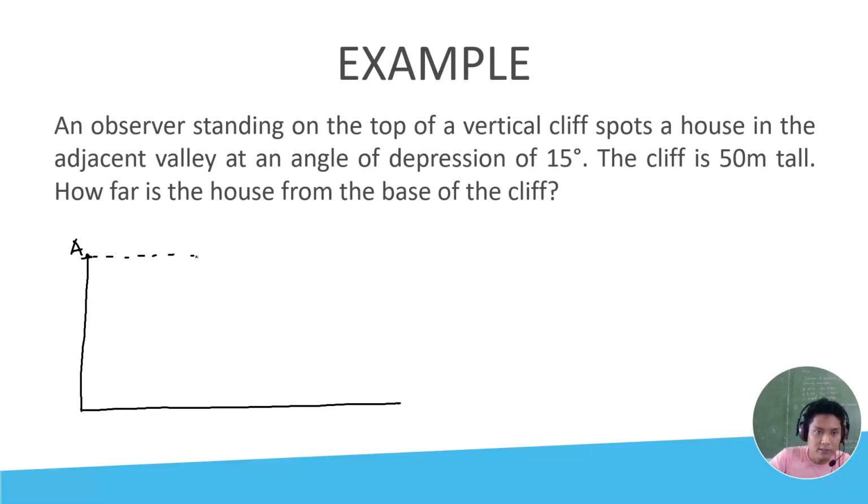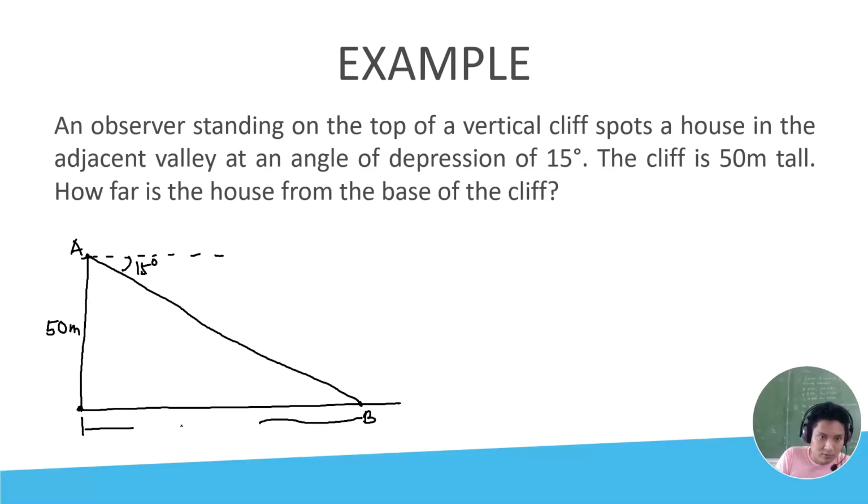So if this is the horizontal line of sight, we have 15 degrees here going downward, and let's say this is the location of the house, point B. The cliff is 50 meters tall, and we are required to determine the horizontal distance, or how far the house is from the base of the cliff. This is the base of the cliff right here. Then determine the horizontal distance going to point B. Say distance x.